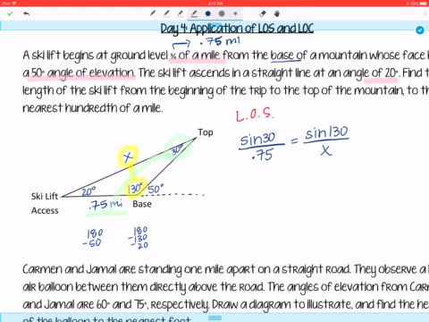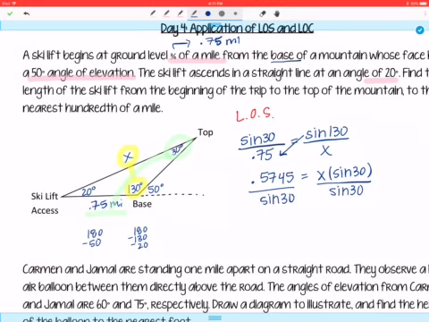And just like yesterday, cross multiply. So 0.75 times the sine of 130, and then x times the sine of 30. And what we're going to end up doing is actually dividing both sides by the sine of 30.